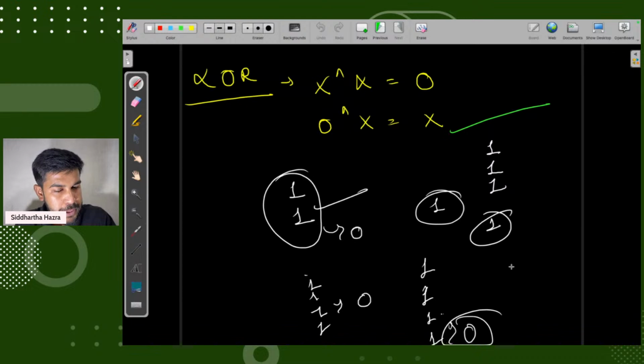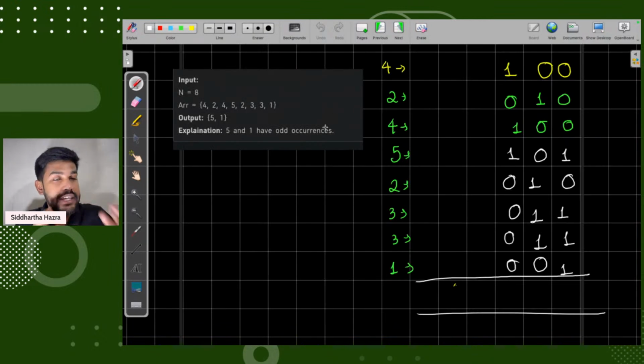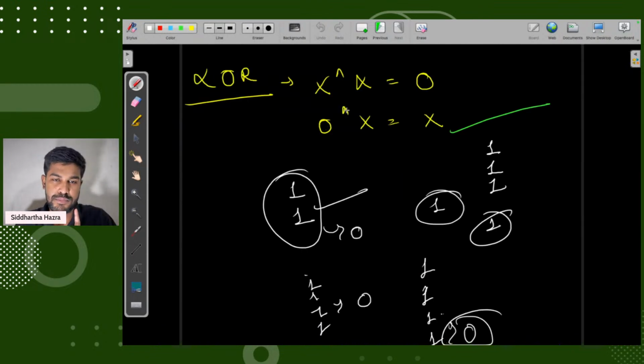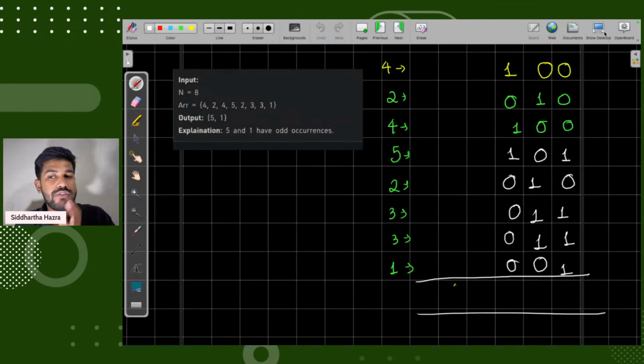Either you should know this property, or you have solved that previous question where all elements have even occurrence and only one element has odd occurrence. Here we have a modification: two elements have odd occurrence. If you have solved that problem, or you already know this property, does this become intuitive or not?